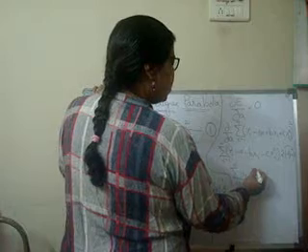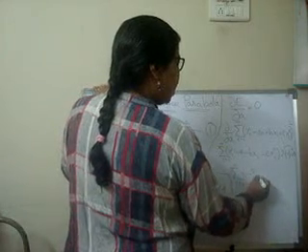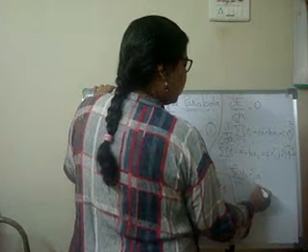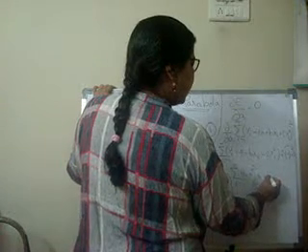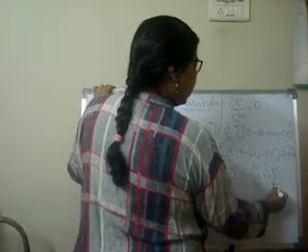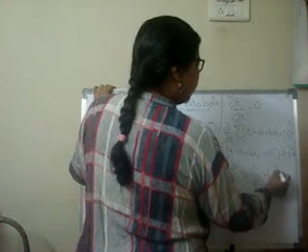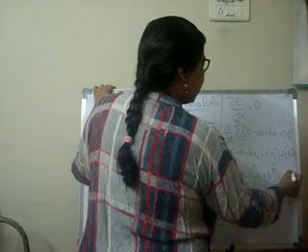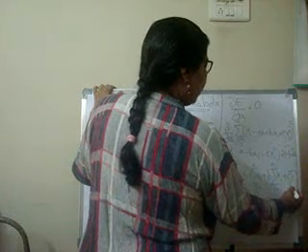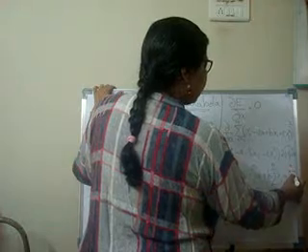is equal to summation a, i going from 1 to n, plus b summation i going from 1 to n xi, plus c summation i going from 1 to n xi square.